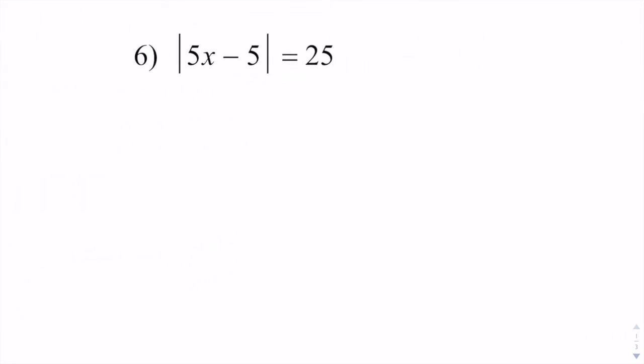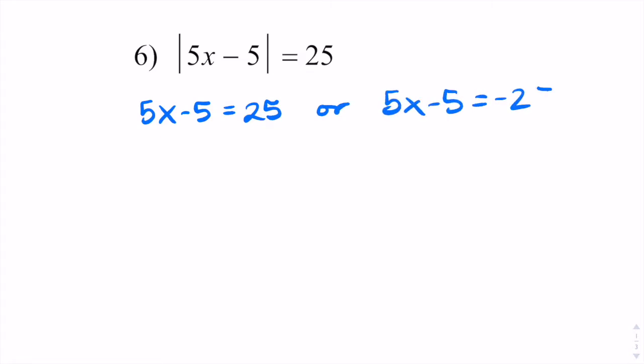Now for number 6, 5x minus 5 is equal to 25, or 5x minus 5 is equal to negative 25. So solving the two equations, the inverse operation would be to add 5 to both sides.